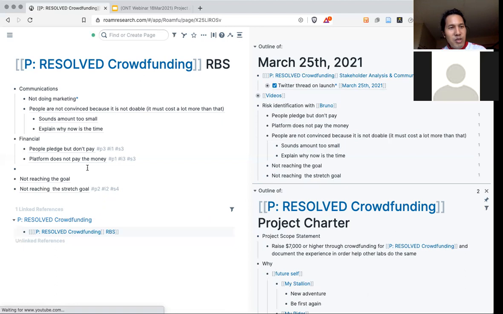Which ones do you? It's called target risk, so that they're under one category. And not reaching the goal, I don't know. Well, this is a huge impact. Of course, maybe the impact is 3.